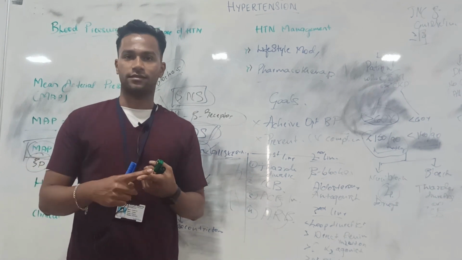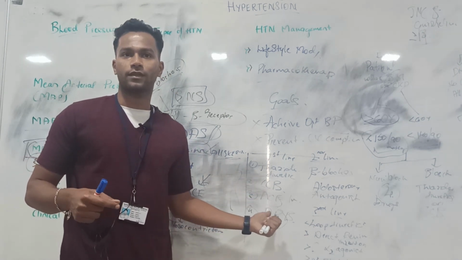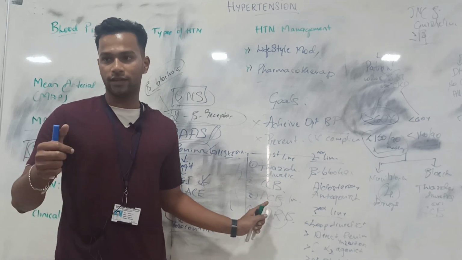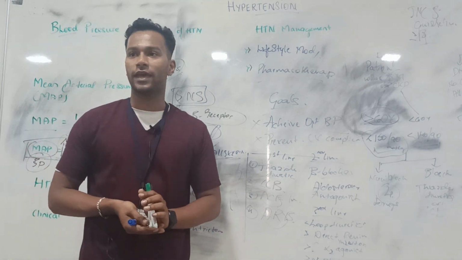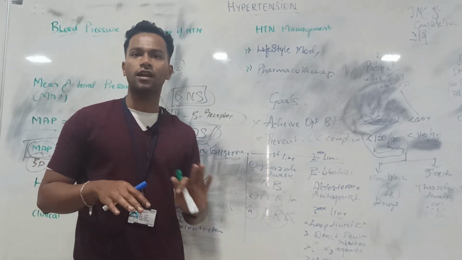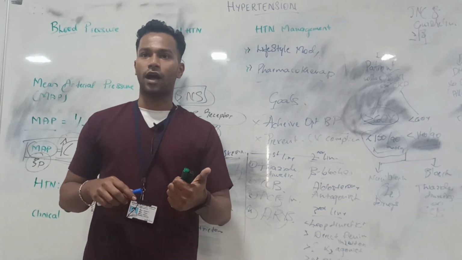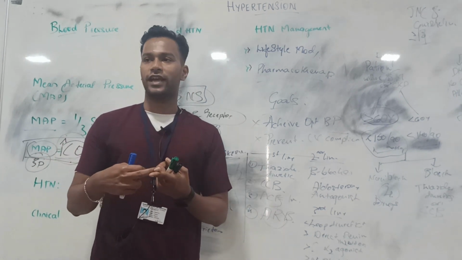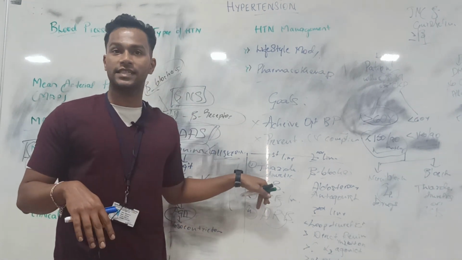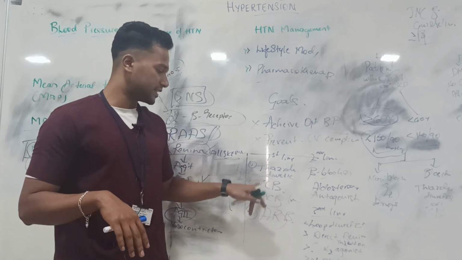ACE inhibitors are not preferred in patients who are pregnant, one thing. Then another thing is hyperkalemia. If the patient has an underlying hyperkalemia situation, at that time ACE inhibitors and ARBs are not preferred. If the patient has peripheral edema or reflex tachycardia, then in that case CCBs, calcium channel blockers, are not preferred.